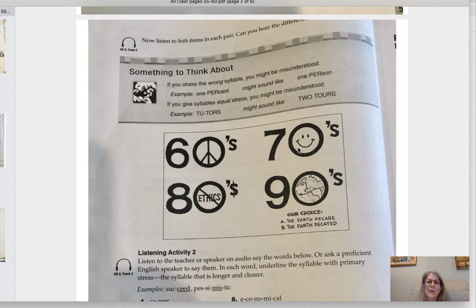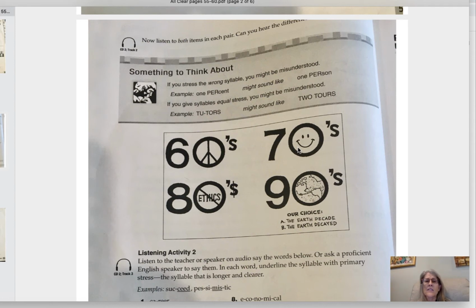I had a student say one time that he had a hard time saying 15 versus 50. And sometimes he would say $15, and the customer would get panicked because they thought he was saying $50 instead of $15. Okay, so this is another thing that it can be confusing. So if you stress the wrong syllable, you might not be understood.